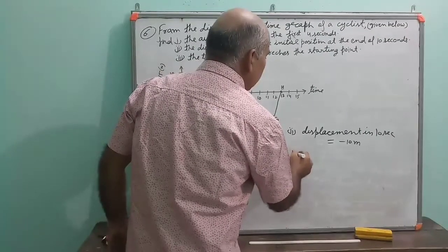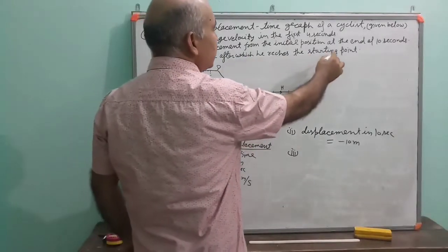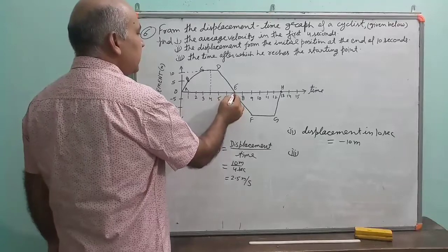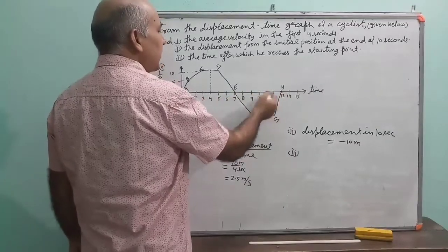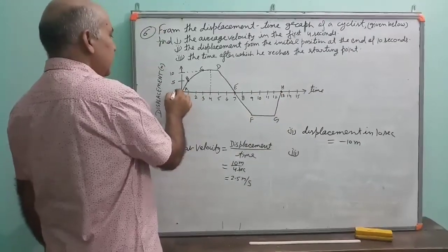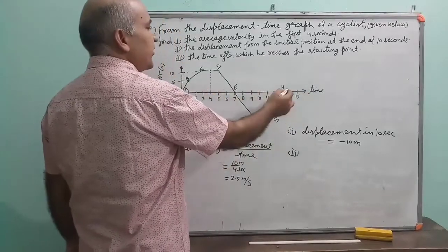Now the third one, the time after which he reaches the starting point. So from the graph you are watching that at the 7th second and at the 13th second he is reaching at the starting point. Wait, this 0 is the starting point, this line, this is the starting point.